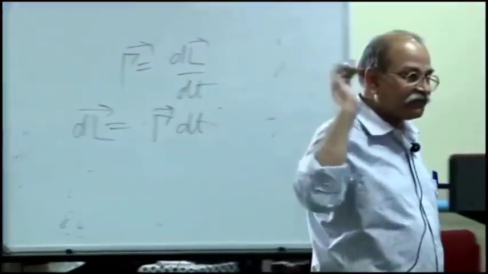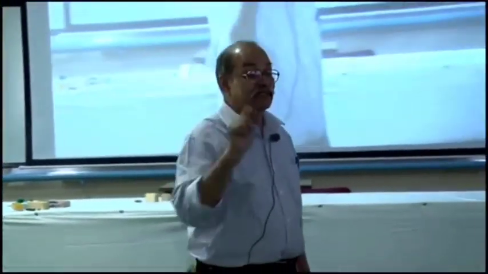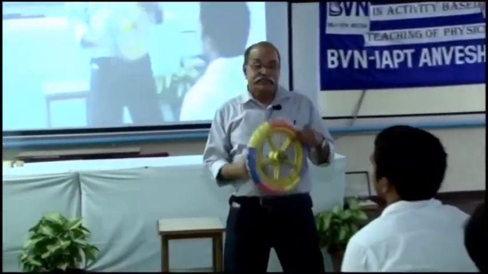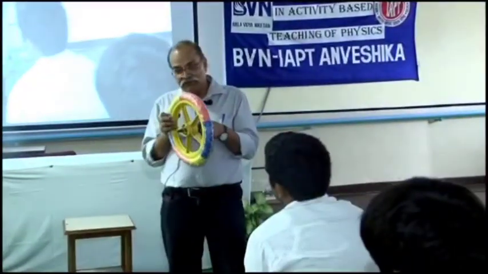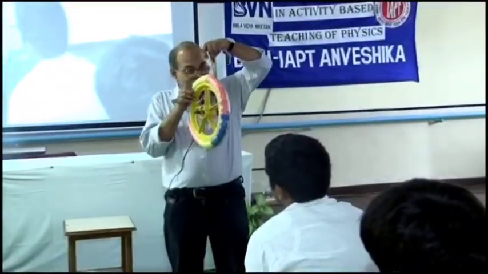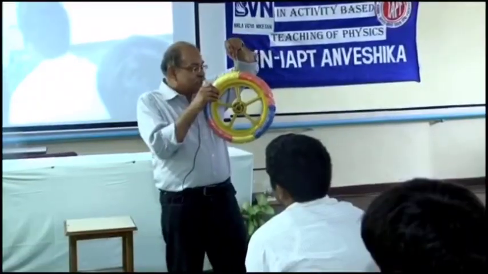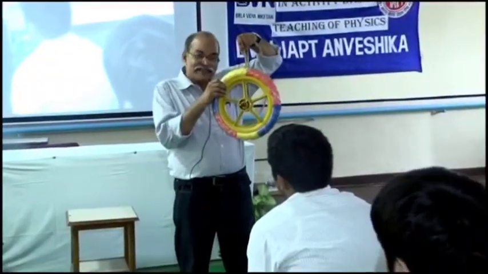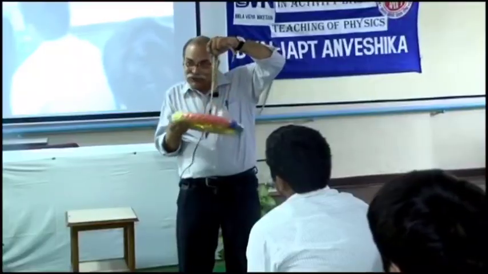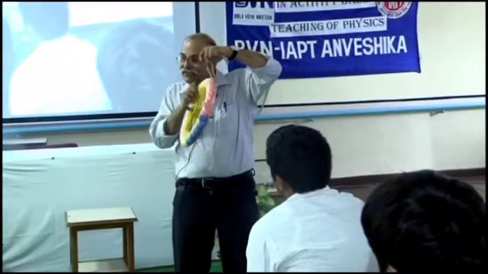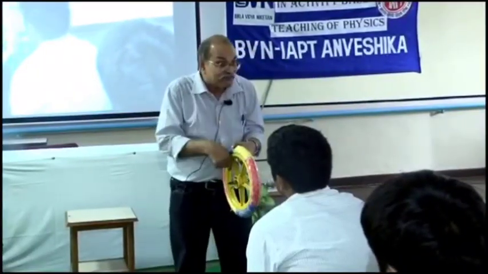This is the equation. So a change in angular momentum should be in the direction of torque, correct? dL vector is equal to torque vector into dt. Since the initial angular momentum is 0, no motion, that dL has to be in the direction of torque, and therefore you saw that it picked up this velocity in the direction of the torque itself.